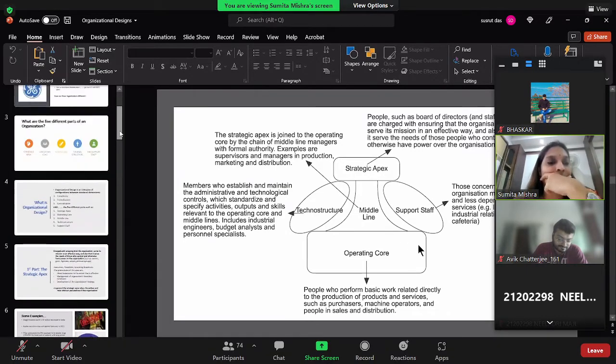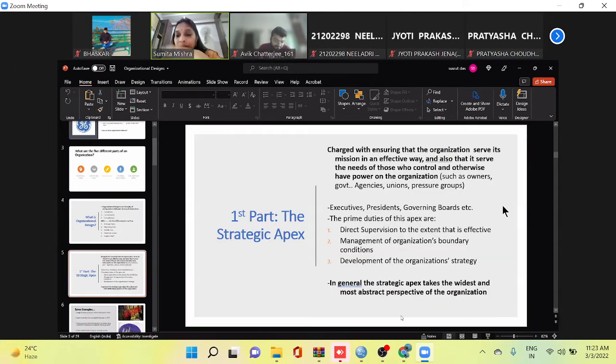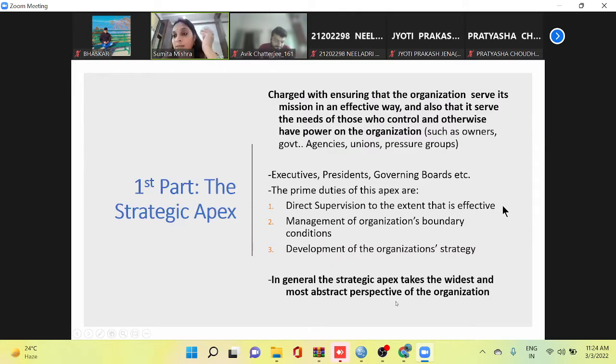Today what we're going to do is we will start with all the 5 parts of the organization in detail. So we need to understand each of the parts clearly before we go ahead with design. So today the first, that is our first role.